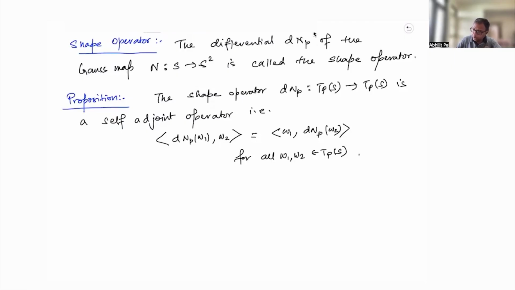So how to prove this thing? Let us take a surface patch (U, sigma) such that P belongs to sigma(U).